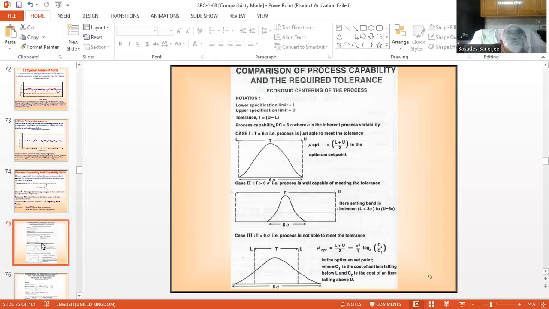Go to page number 2. So CP is the short-term capability index. It is tolerance, the voice of customer, divided by the voice of process: T by 6 sigma.